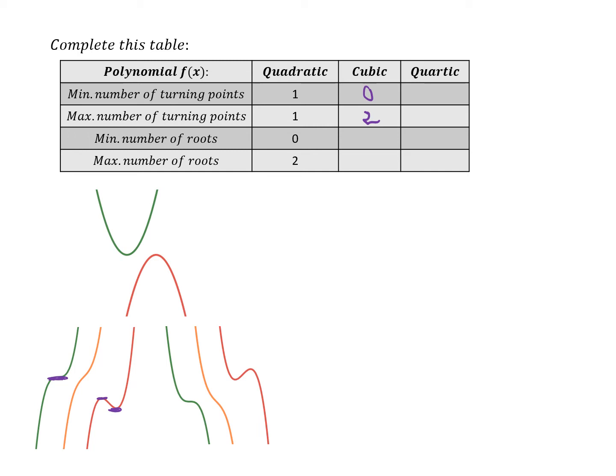Now, wherever the x-axis is, the x-axis is up there or there, then the cubic must cross the x-axis at least once. So the minimum number of roots is 1. We can get 2 points where the graph cuts the x-axis like this, 1 there and 1 there.